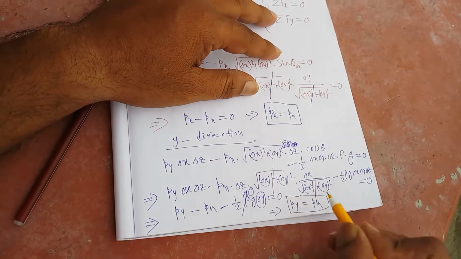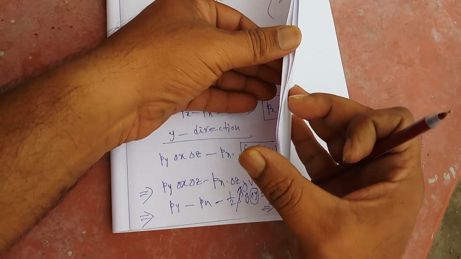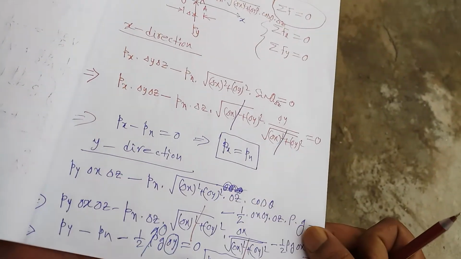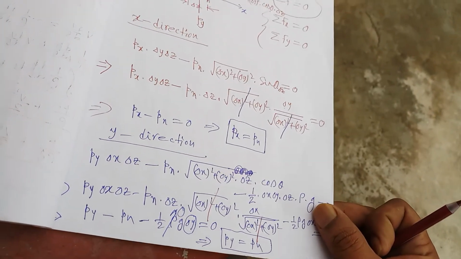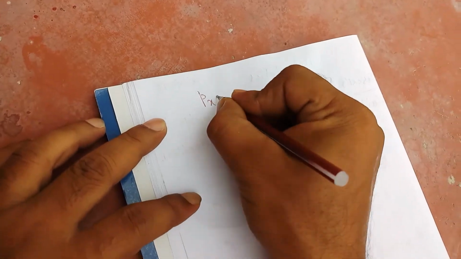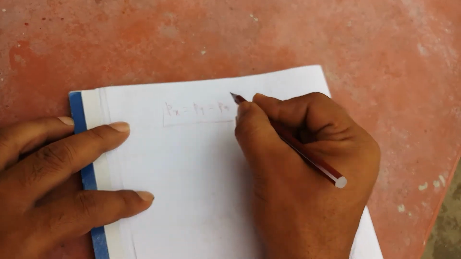Okay, earlier we have got Px is equal to Pn, and here we have got Py is equal to Pn. Therefore ultimately what is the result? Result is Px is equal to Py is equal to Pn.